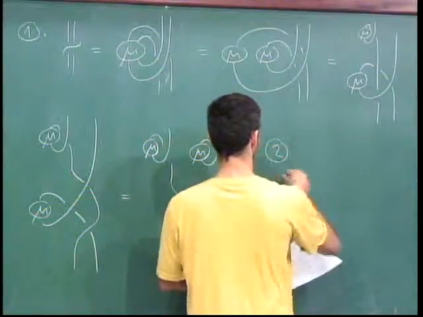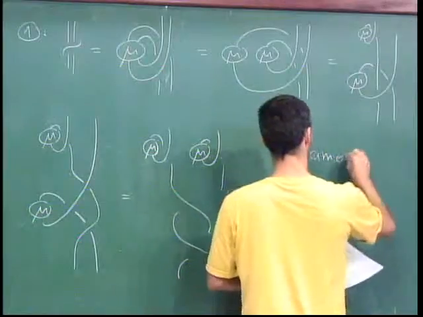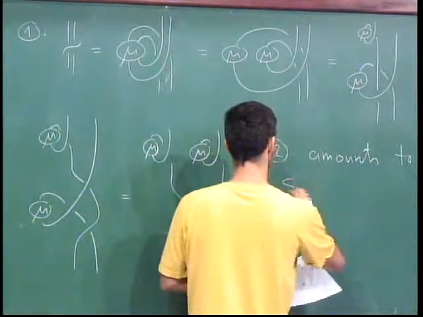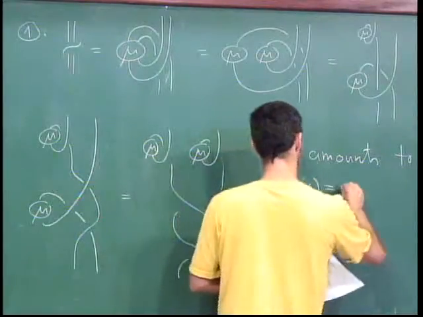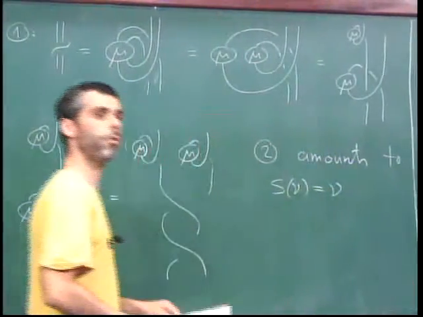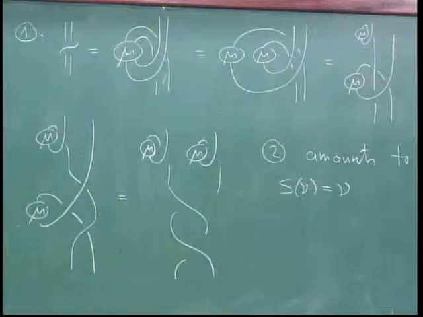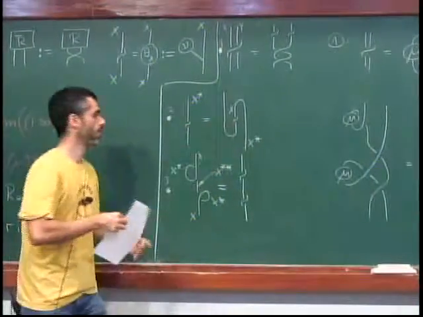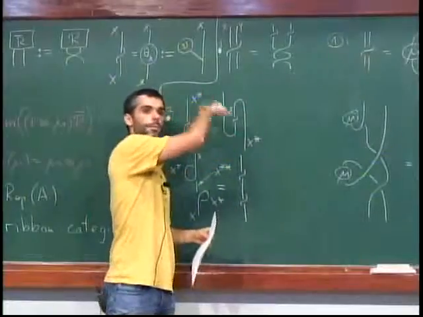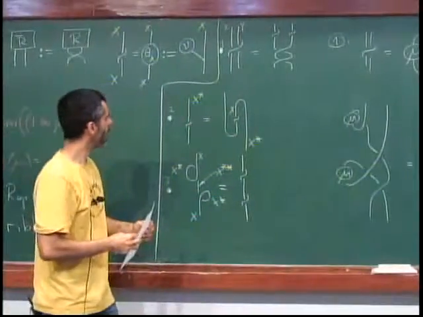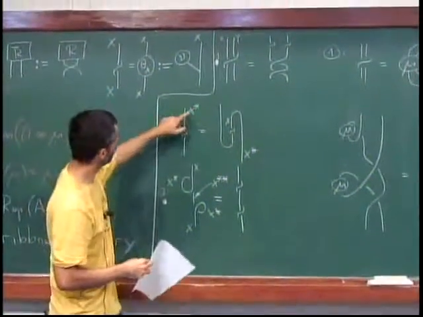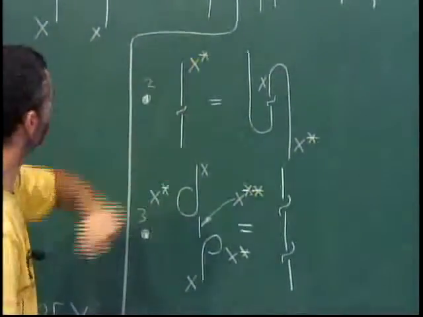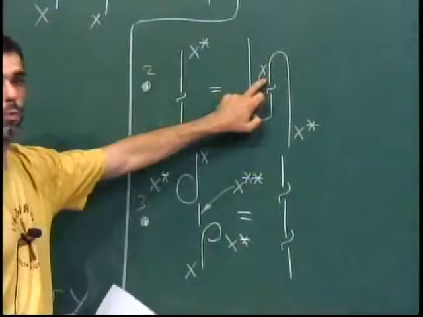Two amounts to checking that the antipode of nu is nu. Here we act by nu, that's this definition. Here we act by including a little twirly and putting the antipode of nu. Think of it as here being y and here being the dual of y.